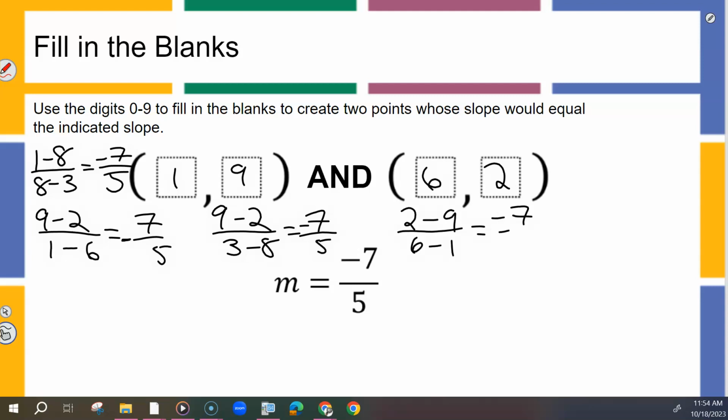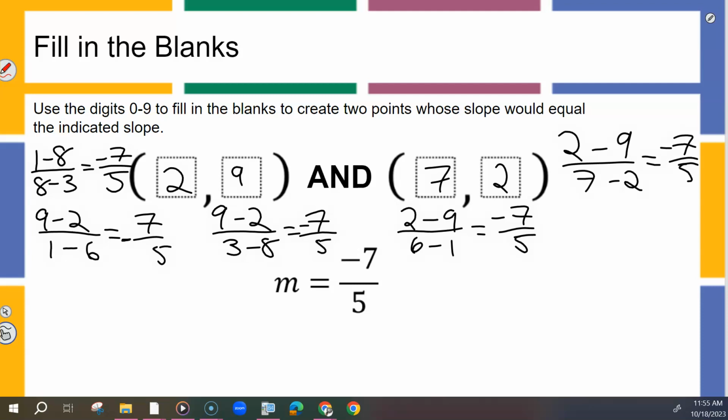So we get that negative 7 over 5. This one was Zarya's: 2 minus 9 over 7 minus 2. So that would work. And then 2 more.